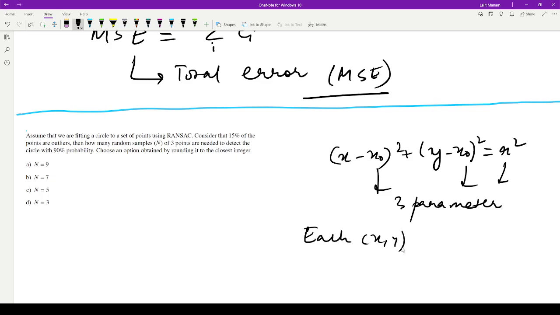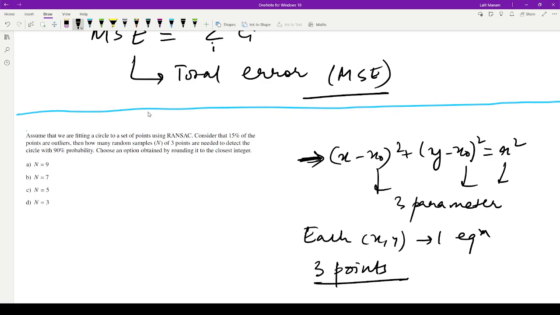Each x comma y will give me one equation, right? This is just one equation. So we need three equations, so we need 3 points.